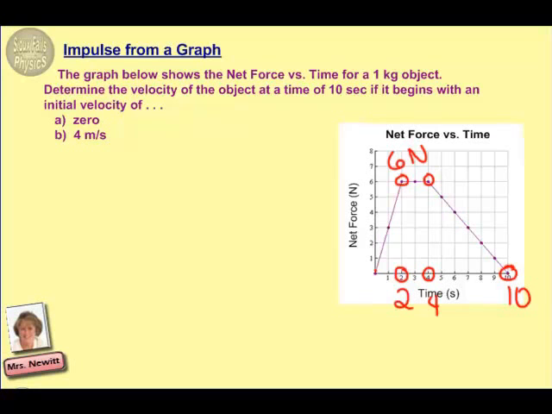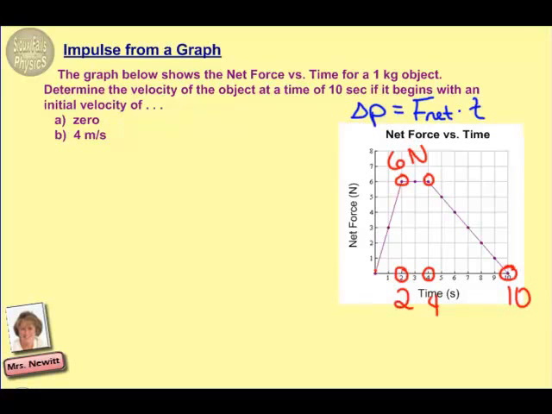Well, the first thing to remember, and this is again kind of just a graph reading skill, is that the change in momentum or impulse can be found by multiplying net force times time.